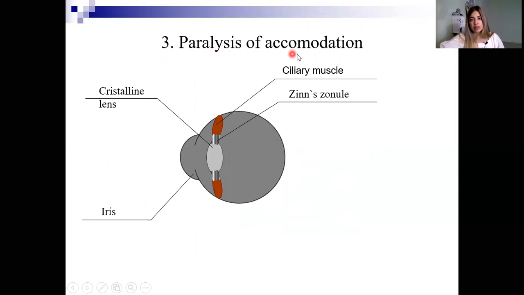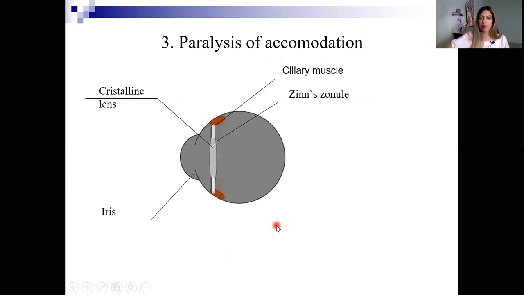Now let's go to the paralysis of accommodation, how it happens. Here we have this zonule, which is controlled by the ciliary muscle and which controls the lens. I already told you the lens should be oval to make normal accommodation. So when it is normal, it focuses the light directly on the back of the eye, and you can see normally.